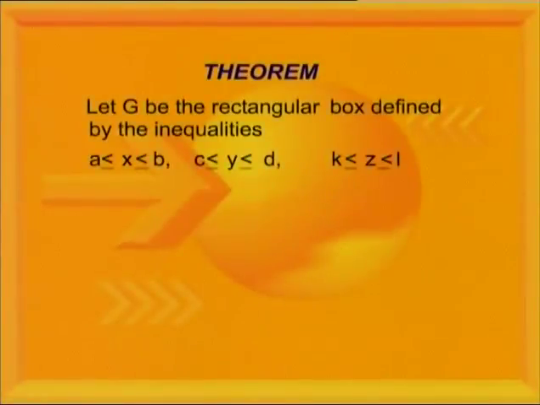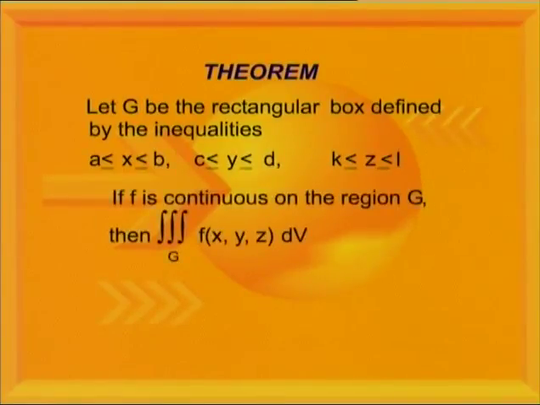Here let G be the rectangular box defined by the inequalities: x is lying between a to b, y is lying between c to d, and z is lying between k to l.